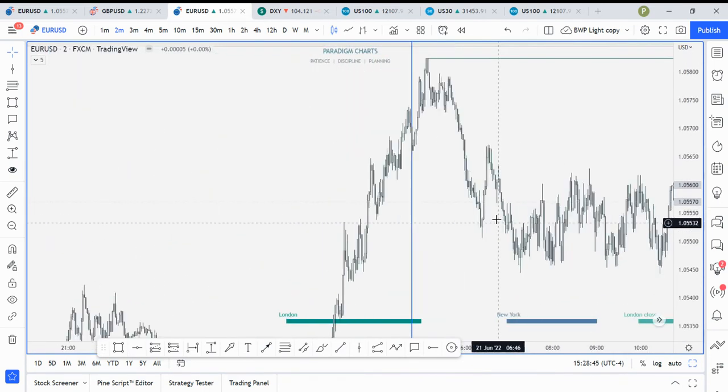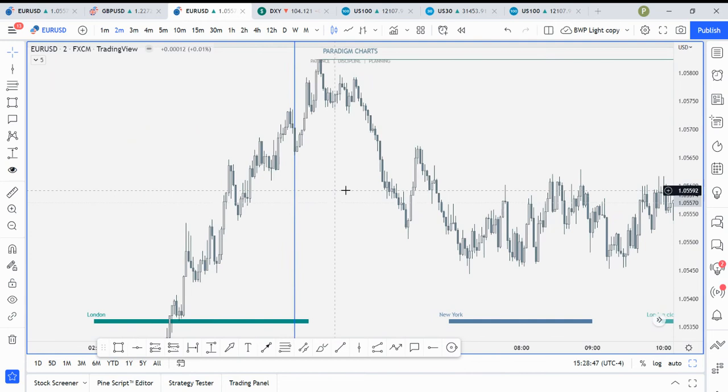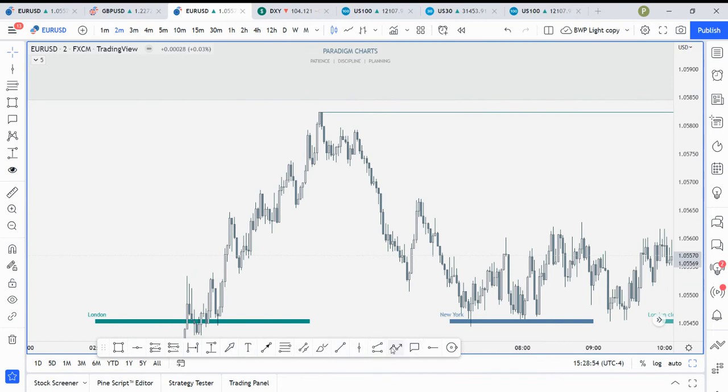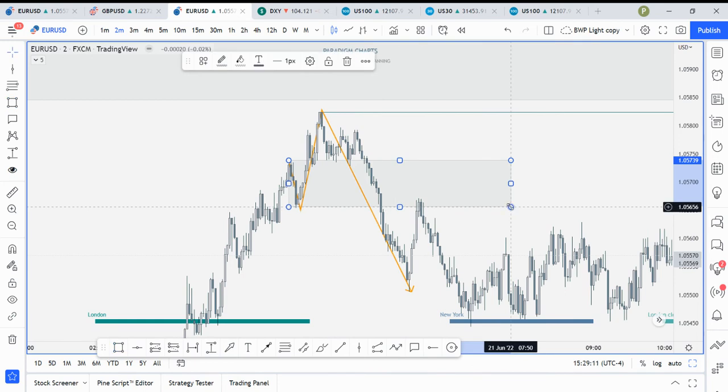Okay, this is also another example of a breaker. Price makes a swing low, rallies up, energetically breaks down. So from this swing high to this swing low, that is your breaker.